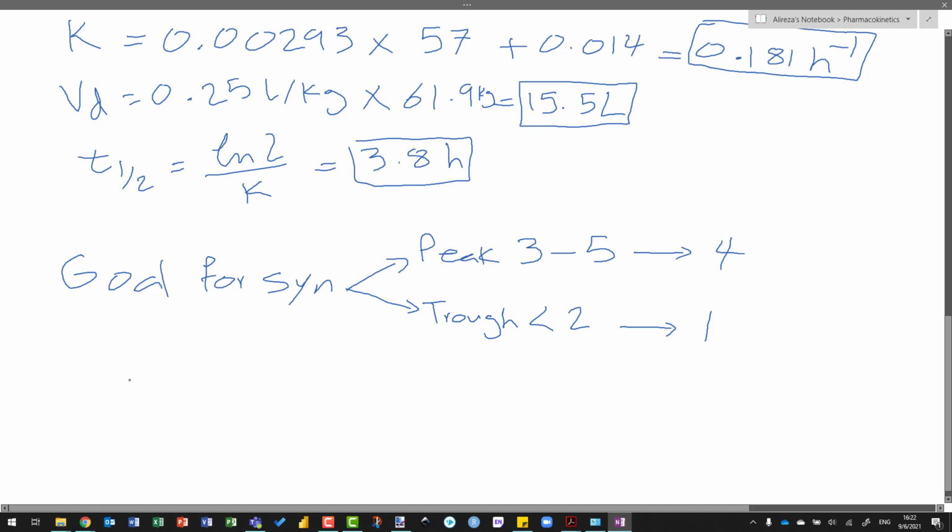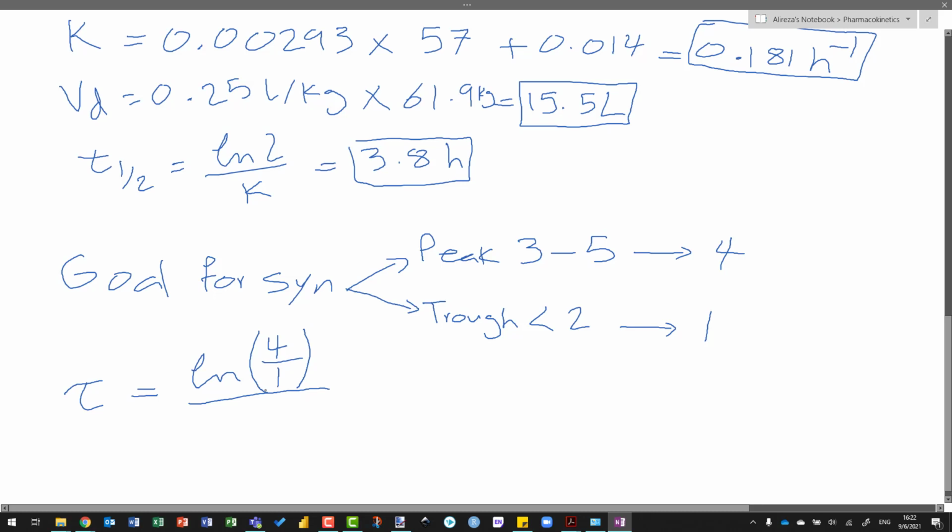Now the next thing we calculate is tau. So basically tau is the frequency. So it's basically ln of your target peak over trough. This is what you want to achieve. This is not something that's measured yet because we haven't started gentamicin yet. So we are hoping to use a frequency that would give us a peak of 4 and a trough of 1. So this equation helps us separate the doses to allow time for the body to clear gentamicin to go from a peak of 4 to trough of 1.